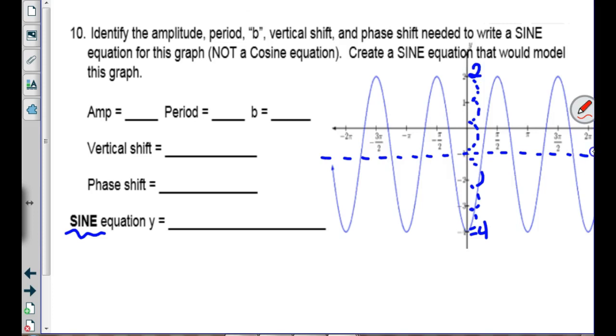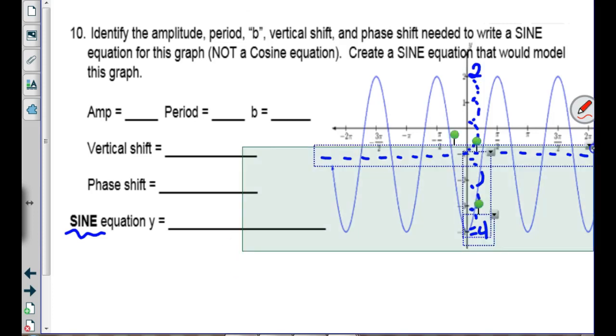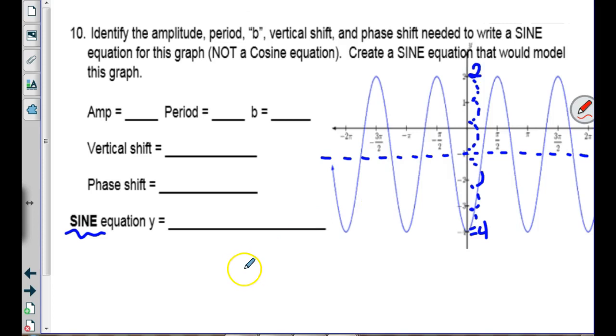So the sine shape starts at the midline like this. So I would suggest we could start right there. Halfway to pi over 2 would be what?